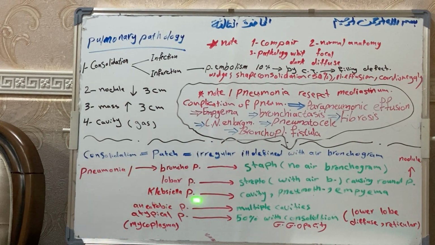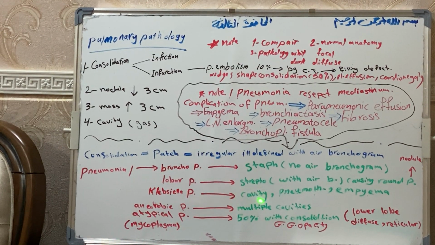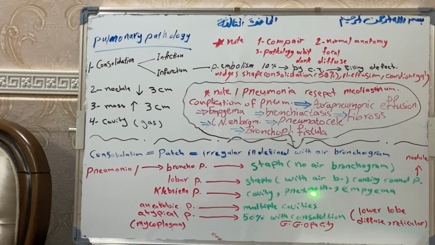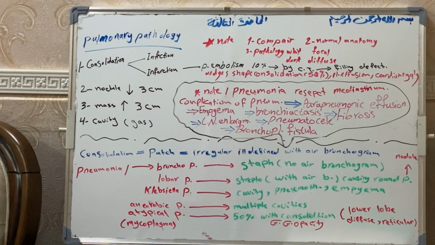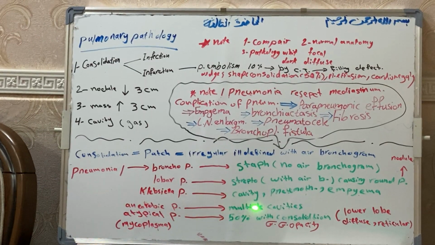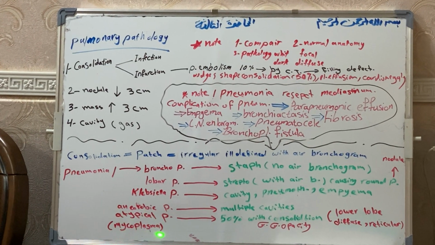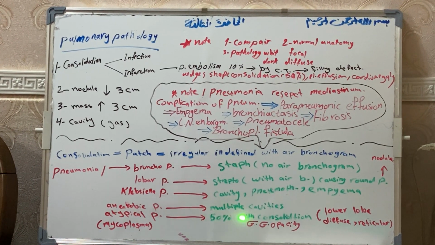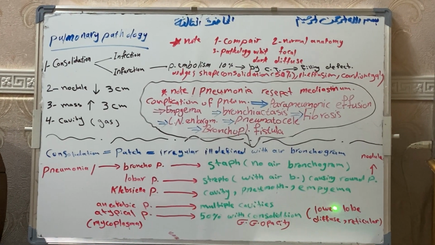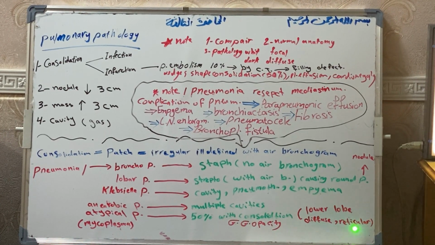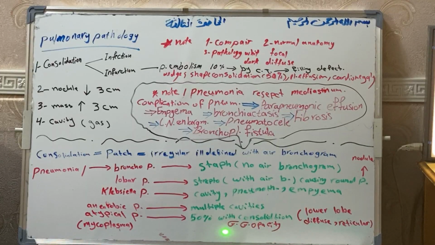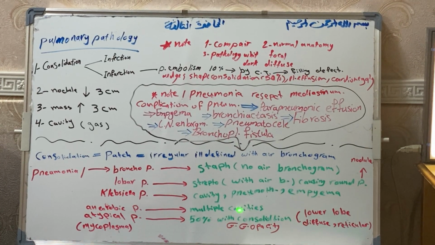Also, Klebsiella pneumonia causes cavitary lesion, pneumothorax, empyema. Anaerobic pneumonia causes multiple cavities. Atypical pneumonia, mycoplasma pneumonia, is 50% with consolidation, lower lobe, diffuse or reticular, which appears as a ground glass opacity.